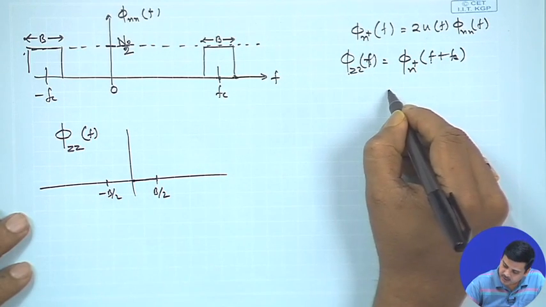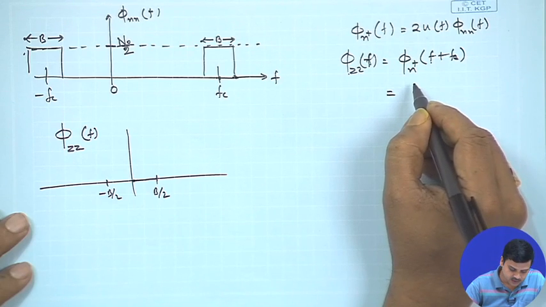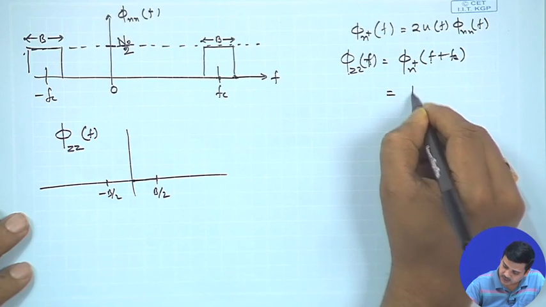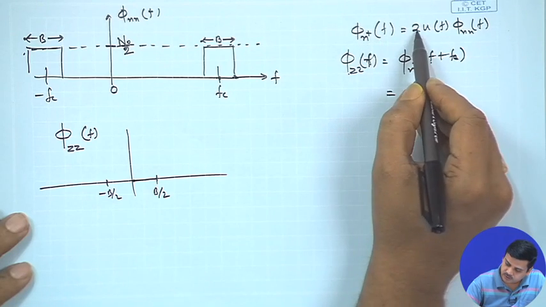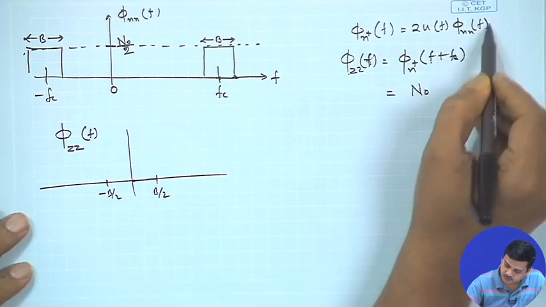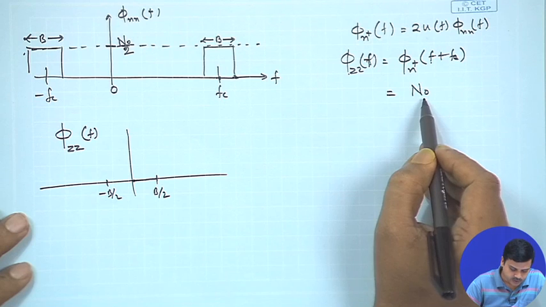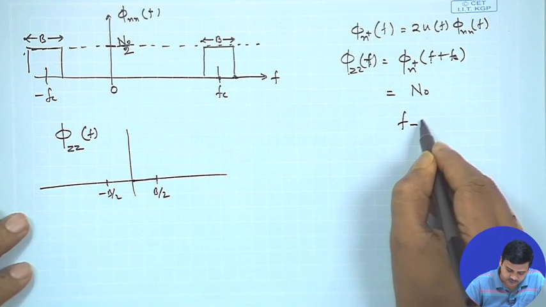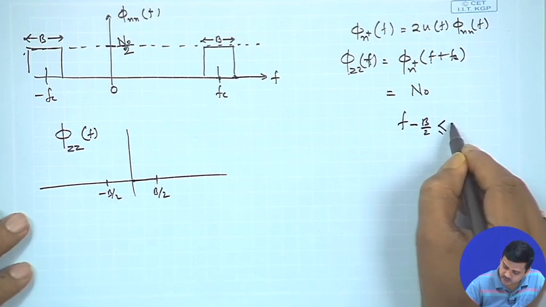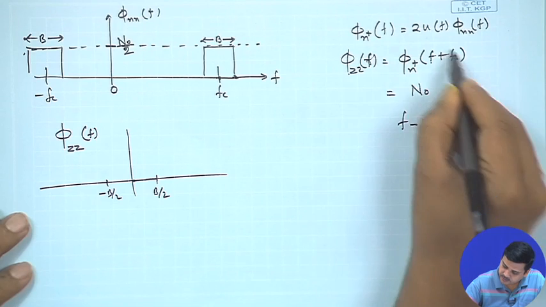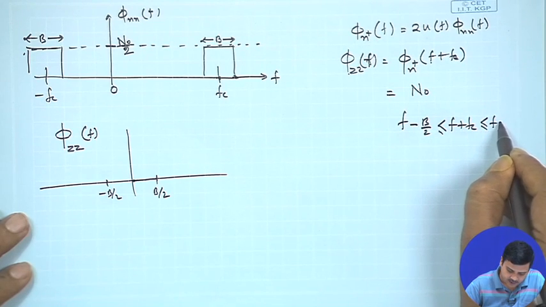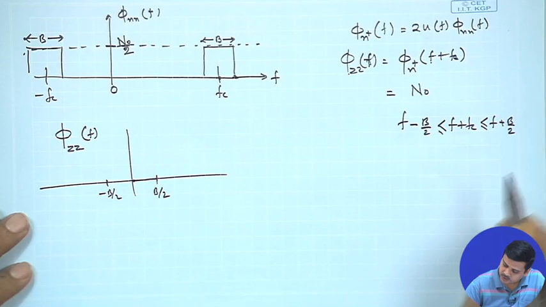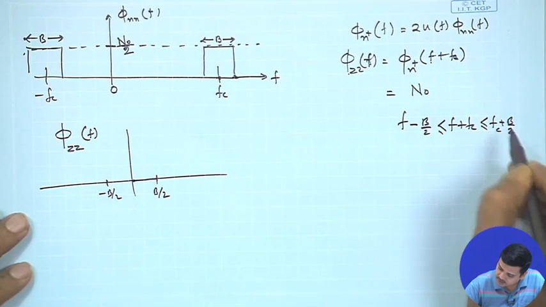And clearly this particular one would result in n naught, right. 2 times n naught by 2 is going to be n naught for the range of frequency f minus b by 2 less than or equal to f plus f c, because this is only positive, less than f plus b by 2, that is, f c plus b by 2.